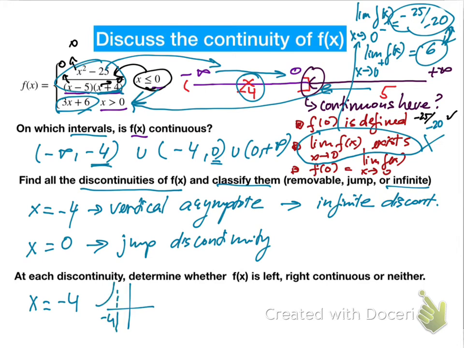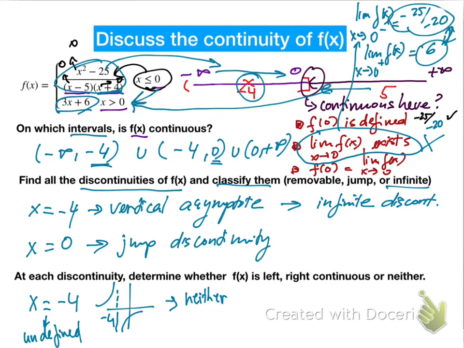So the function at negative 4 is undefined, right? Then you would have neither left nor right continuity at x equal to negative 4.